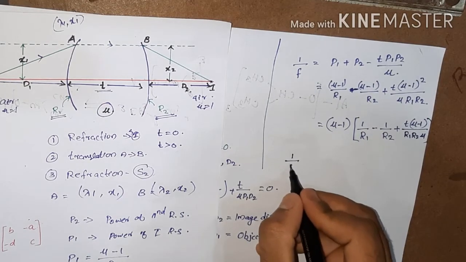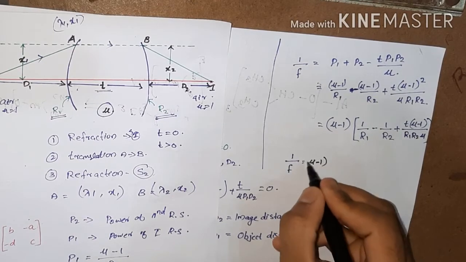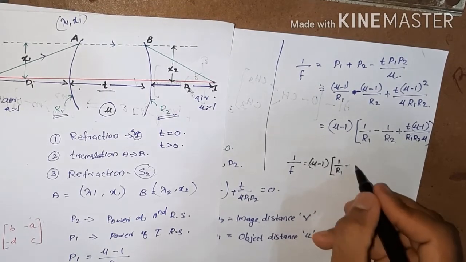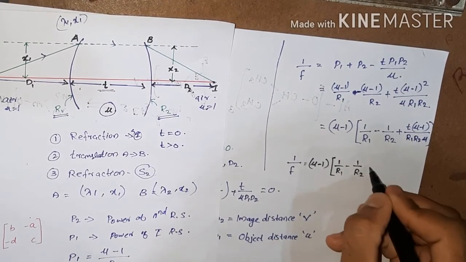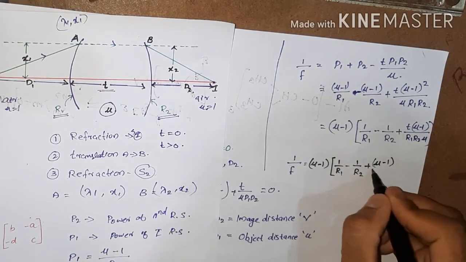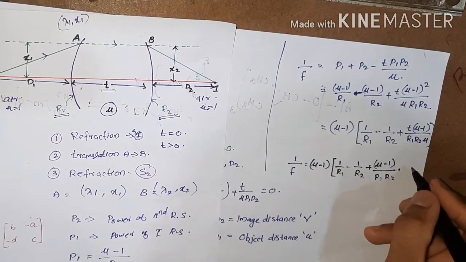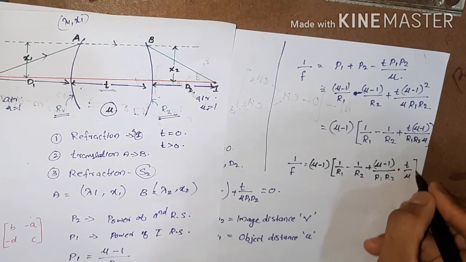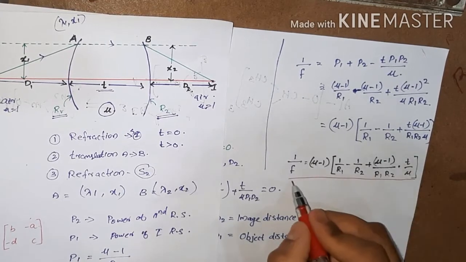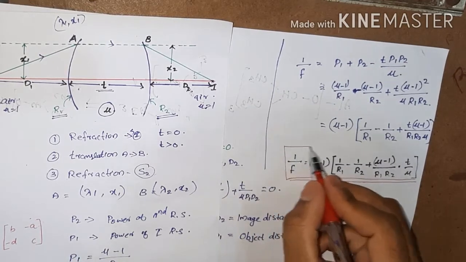Or I can write it as 1 by f will be equal to mu minus 1 into 1 by r1 minus 1 by r2 plus mu minus 1 divided by r1 r2 into t by mu. This is the final value of 1 by f, or the lens maker's formula corresponding to a thick lens.